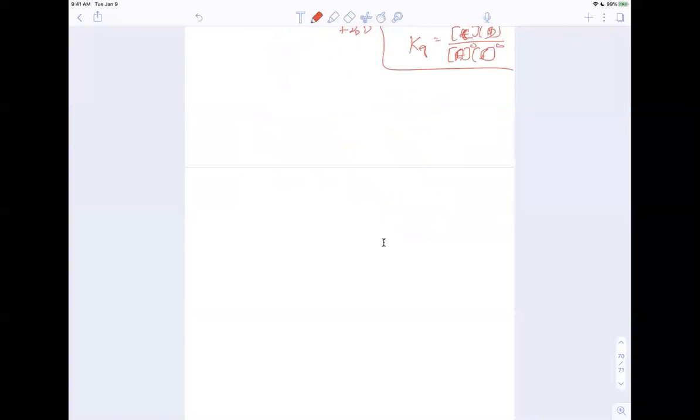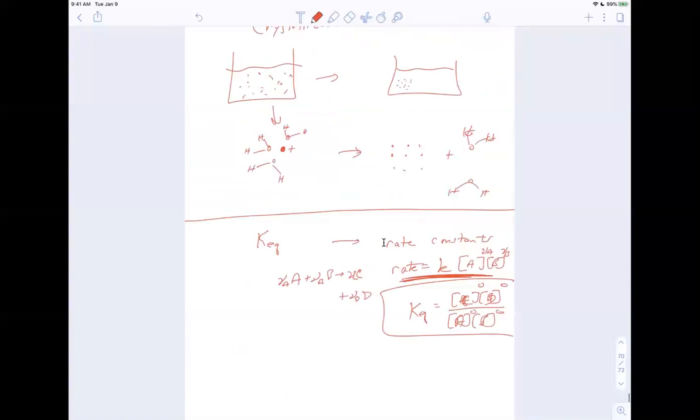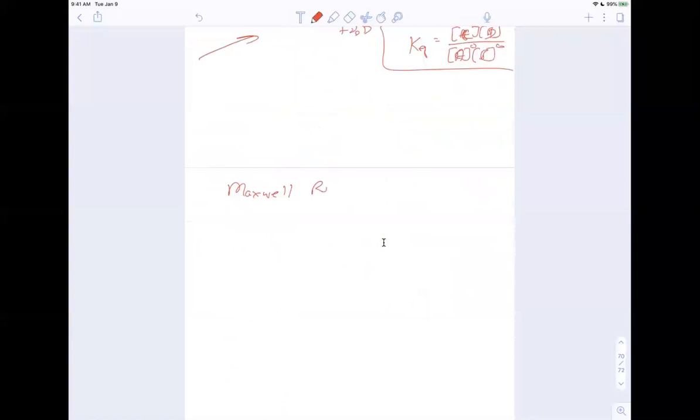One of the first things I want to consider before too long is these things called Maxwell relations. Okay, so this is a bit of guidance as to where we're going in the midterm time frame.